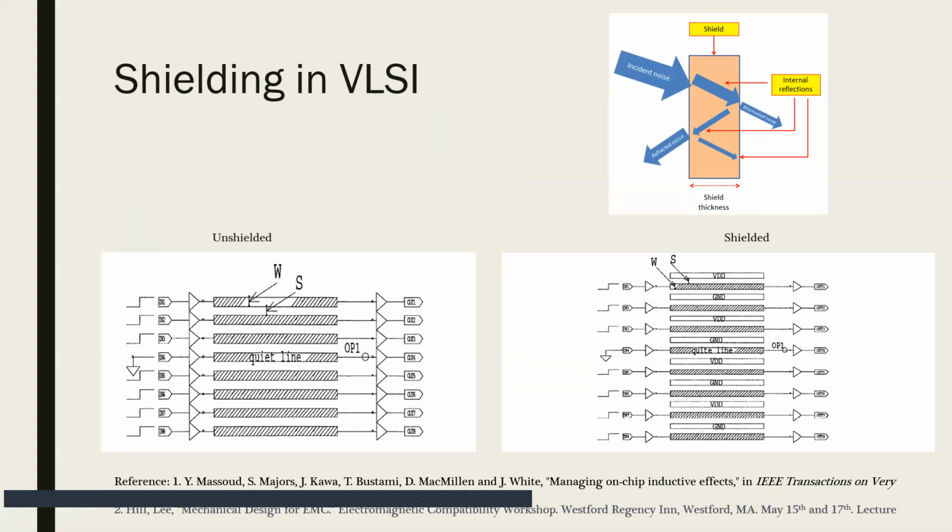For shielding in VLSI, we can see on the top right plot the principle is that the incident noise will come to the shield and get reflected. The attenuated noise will go through and further affect the circuit, but not as strongly as it would be without the shield.